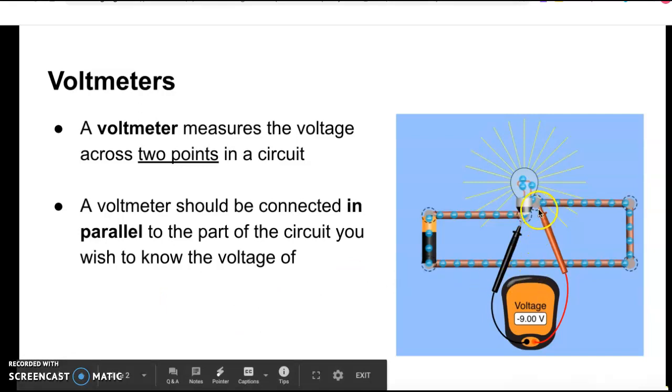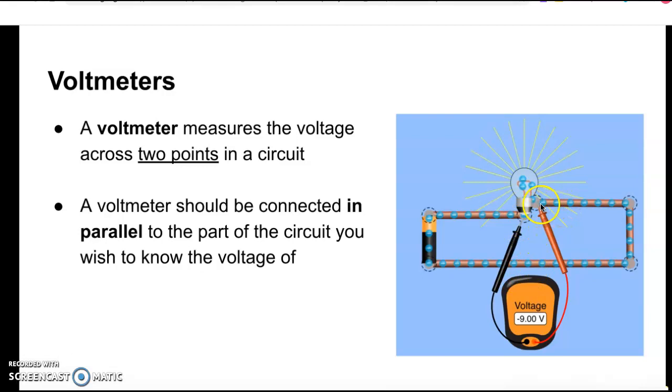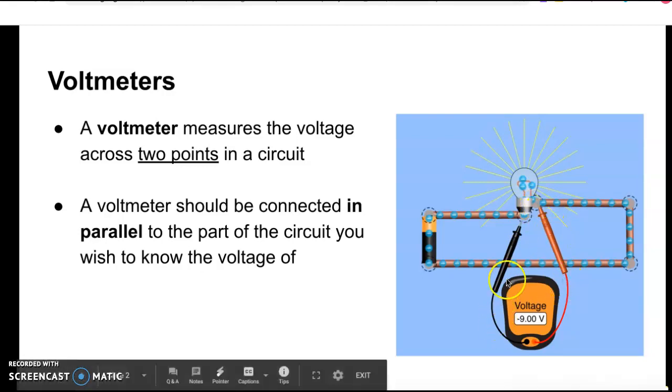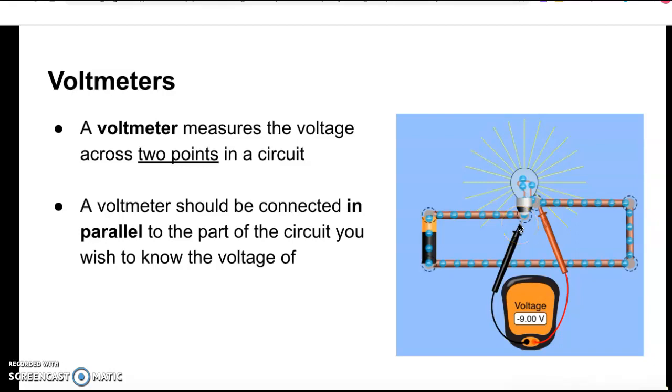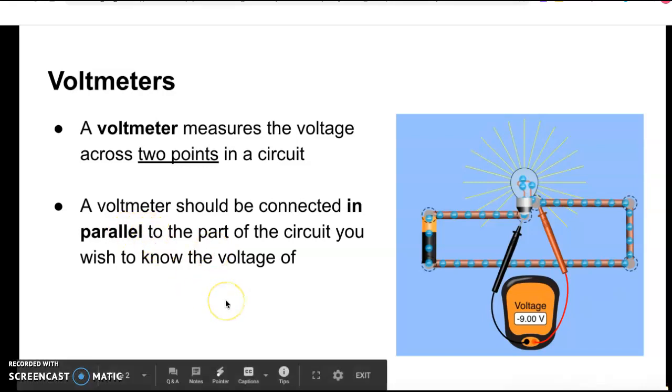So when I connect these needles here, I actually create a second pathway for the electricity to flow through. It goes through these wires. And that's actually a whole new pathway for the electrons. And that's why I say it's connected in parallel, because parallel means separate pathways.